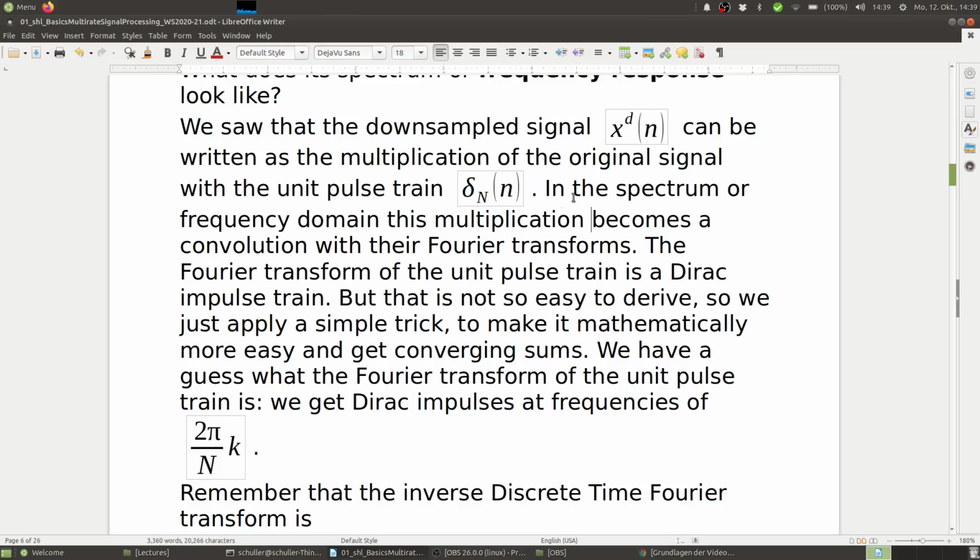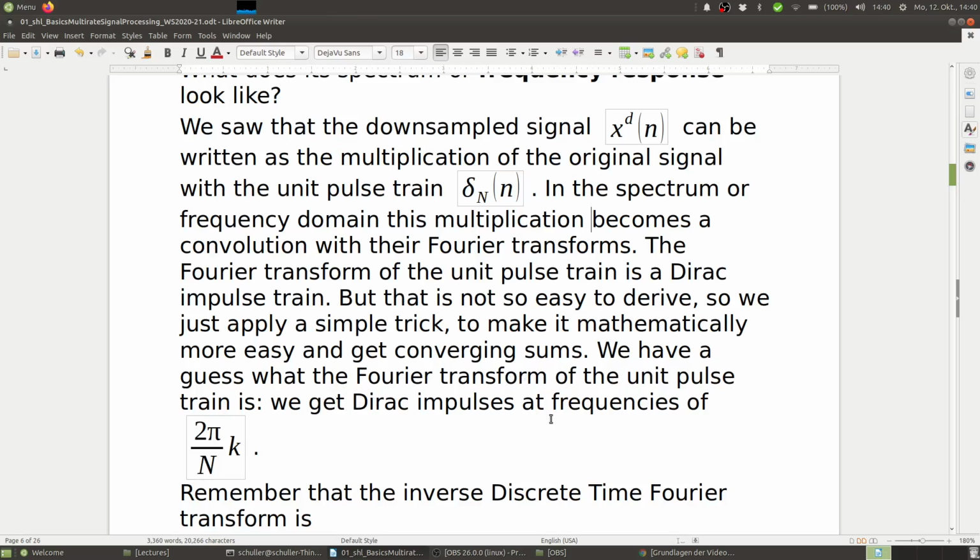Yeah, so the Fourier transform of the unit pulse train turns out to be a Dirac impulse train in the spectrum. But this is not so easy to derive, so we just apply a simple trick to show it, to make it mathematically more easy and get converging sums in the derivation. So we have a guess what the Fourier transform of the unit pulse train is.